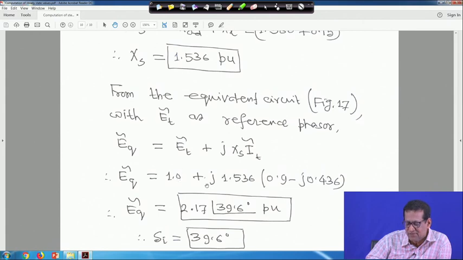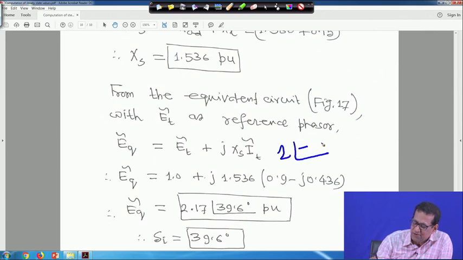So, it is 1.0 plus J XS, we got 1.536, and IT tilde is 1 per unit. Basically the power factor is 0.9 lagging, so it is 1 angle minus 25.84 degree, it is lagging.